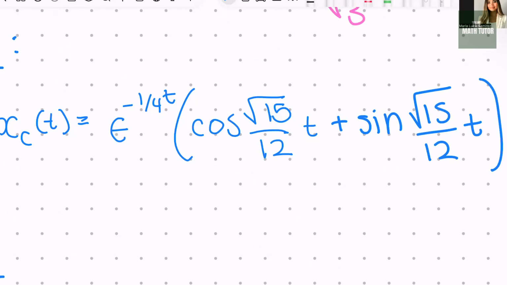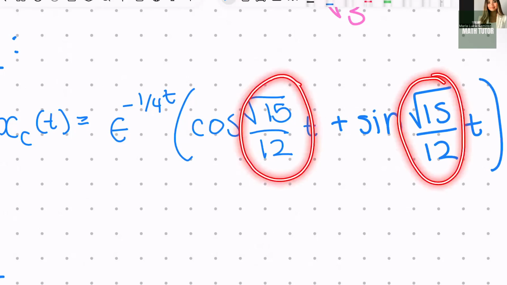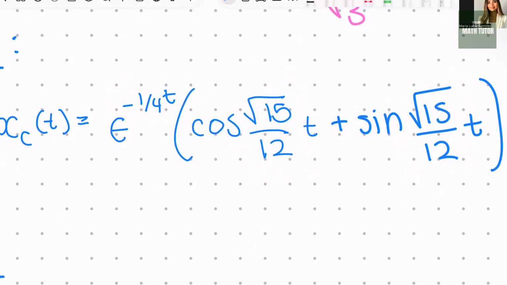So we use those roots to make our solution over here. And of course, we're going to add in our c's, c1, forgot to add these in. So e to the negative 1/4 t, c1 cosine root 15 over 12 t, and then c2.